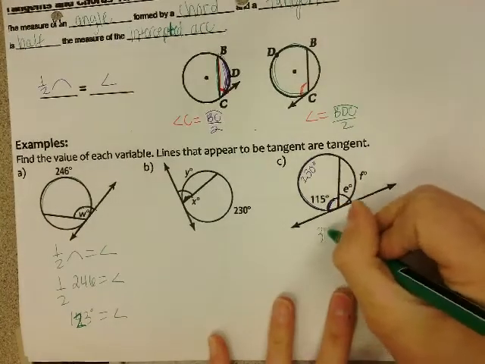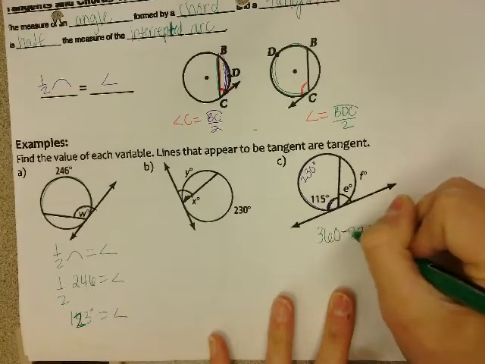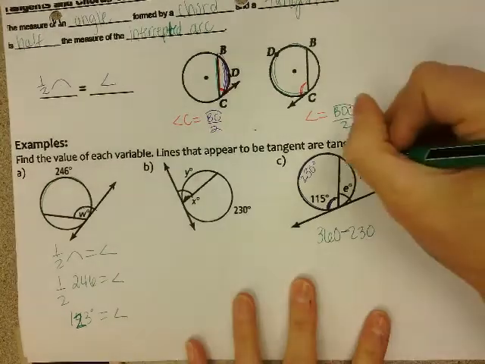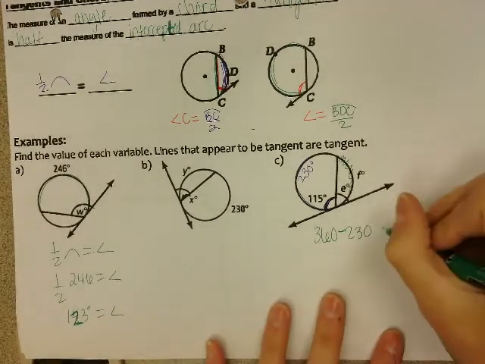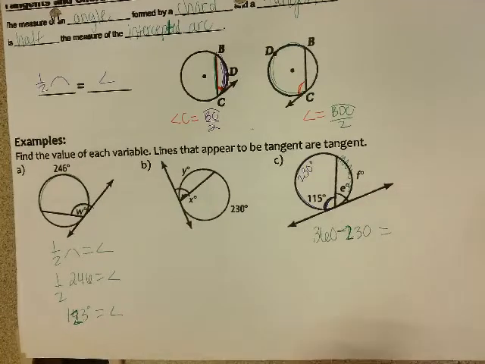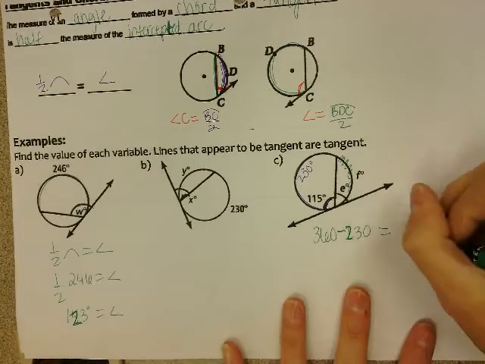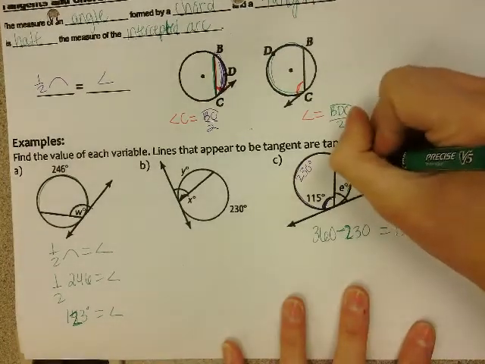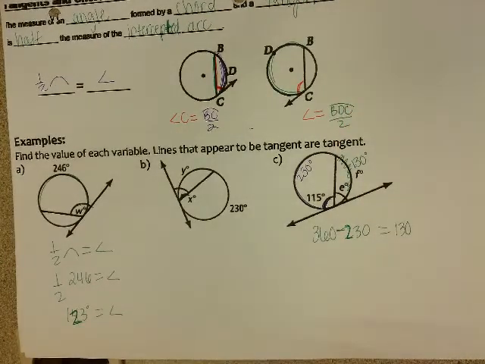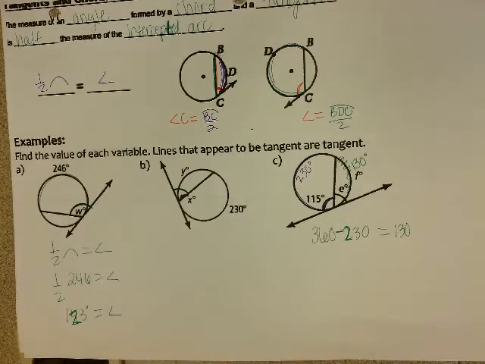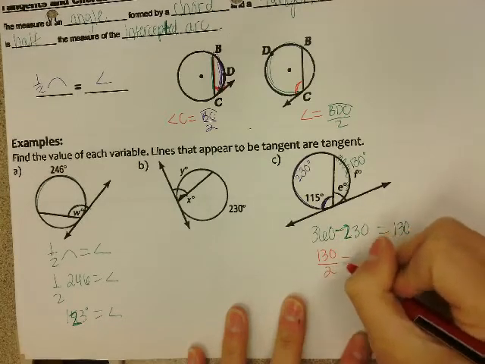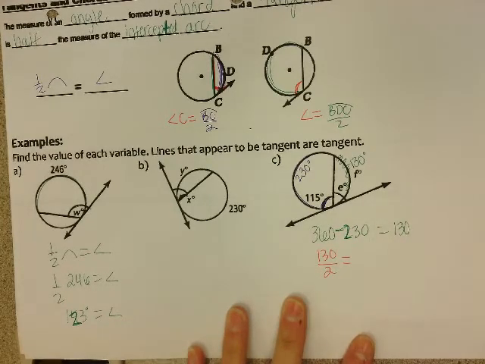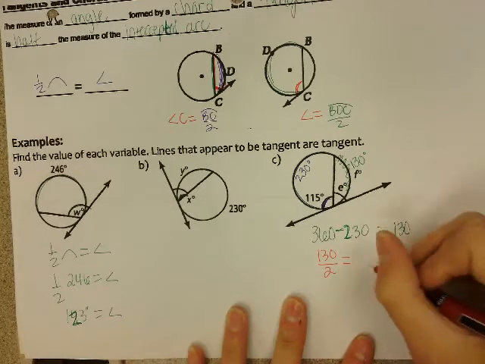Why would I just do 360 minus 230? Right, I need to know arc F so I can get angle E. So then what do I get for this? 130. Now, half of the arc is equal to the angle. So half of 130 equals 65 degrees.